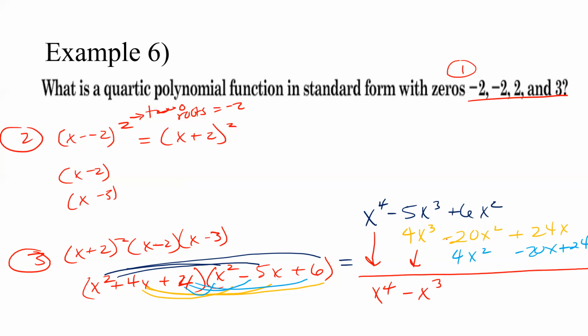We have 6 minus 20 plus 4, which gives us negative 10x squared. Then we have 24x minus 20x, which leaves 4x, and 24 comes on down. So this one is a little longer. It told us it was going to be a quartic, and here's our quartic. Ta-da! Skills you already have.